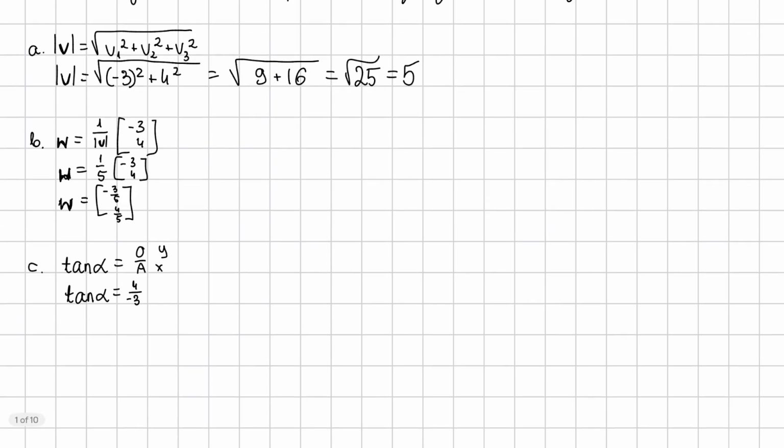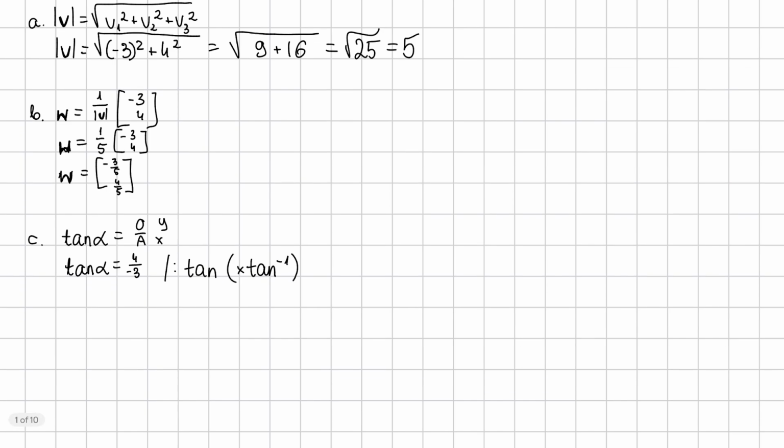Now we can calculate our angle, either by finding it in the solver on our GDC, or by multiplying both sides by tangent to the power of minus 1, so alpha equals, and we calculate it.